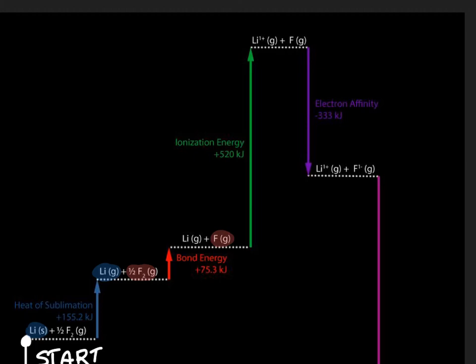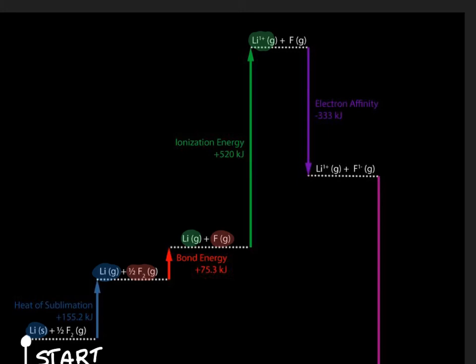Then we get to our next big endothermic step, in which we see an increase of 520 kilojoules per mole to go from lithium gas and fluorine gas to lithium ions in the gas phase and fluorine gas. That's the ionization energy step, which is the last of our endothermic steps, and that takes us to the highest energy point in our cycle.